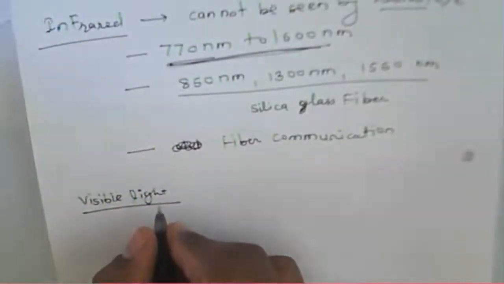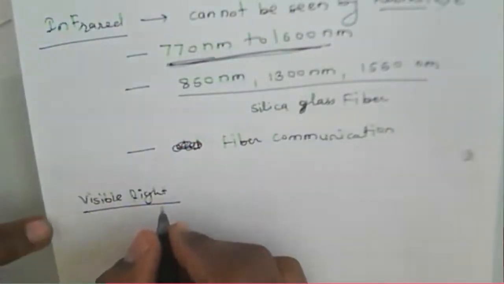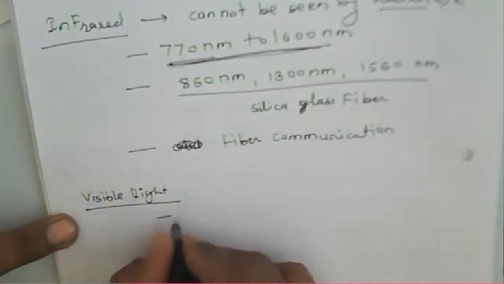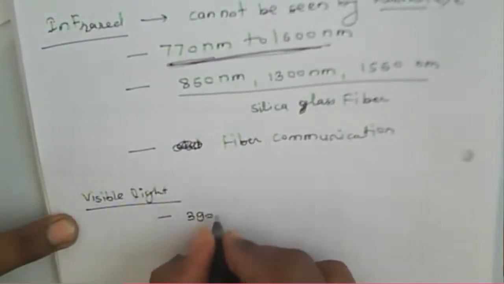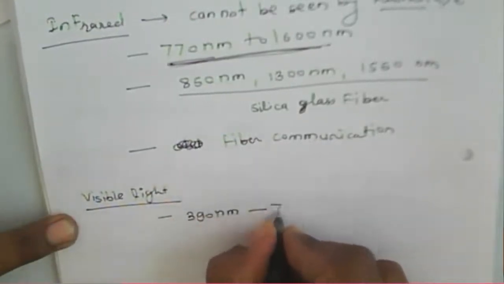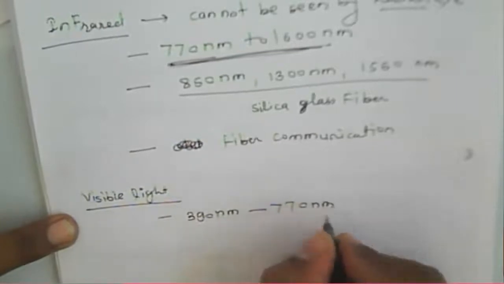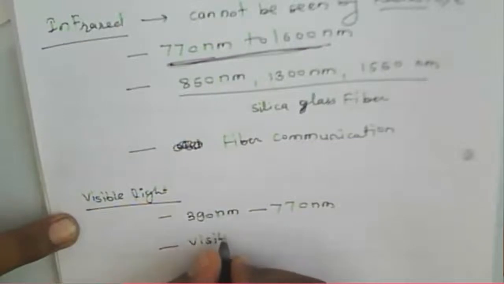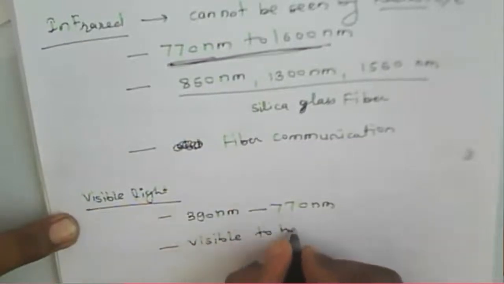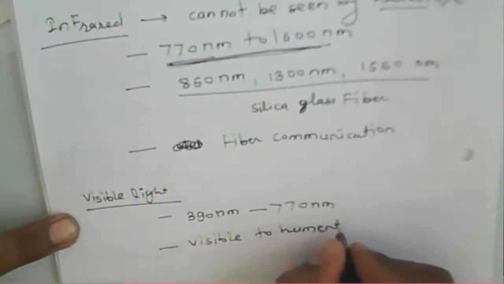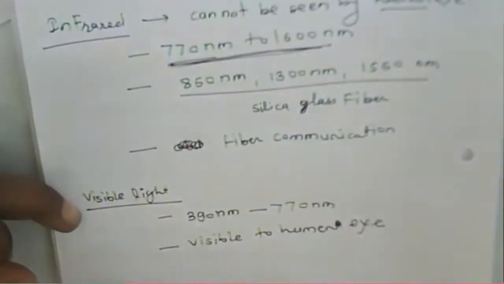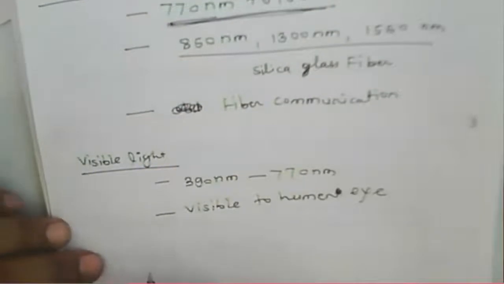Next, visible light. In the case of visible light, your wavelength will be 390 nanometer to 770 nanometer, up to this only.